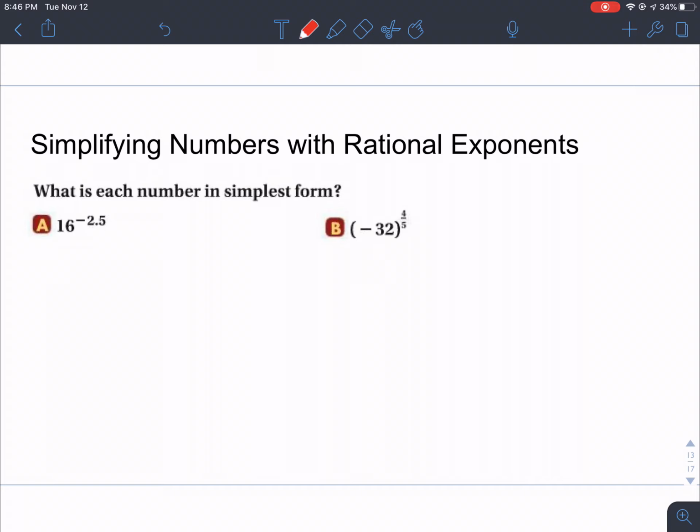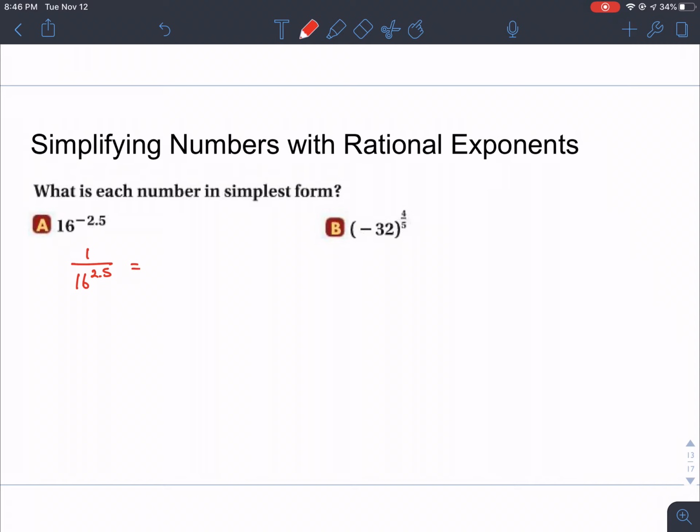What we want to do is convert this into something really useful. So if we have 16 to some exponent, first off, this is a negative exponent, so it's going to be 1 over 16 to the 2.5.